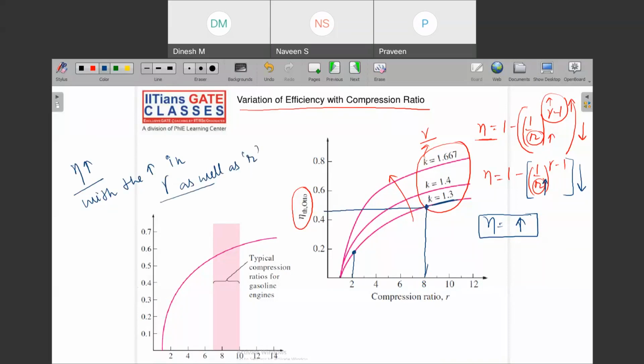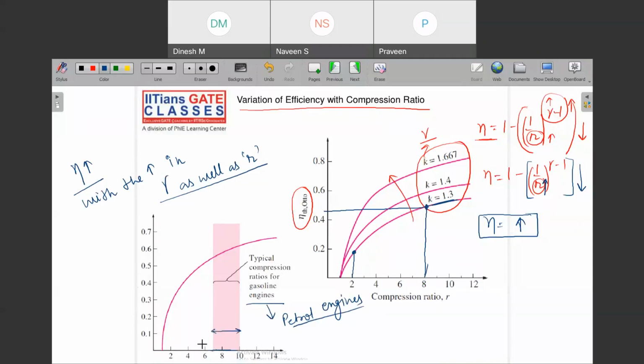One more thing, which many times we have been asked in the exam: what are the compression ratios for gasoline engines? Gasoline engines means petrol engines. For petrol engines, the compression ratio varies somewhere around 6 to 10. So sometimes they would ask what is the compression ratio range for petrol engines or Otto cycle, and you would say somewhere around 6 to 10.